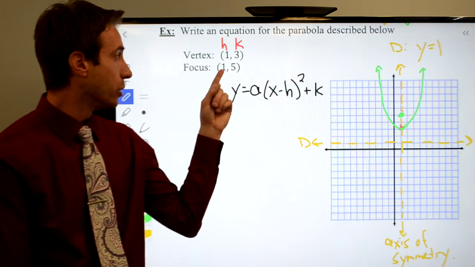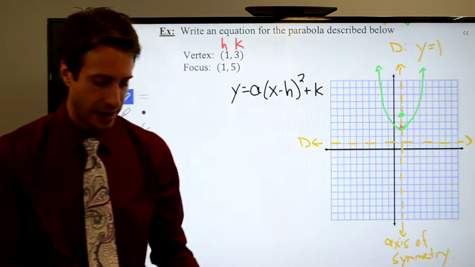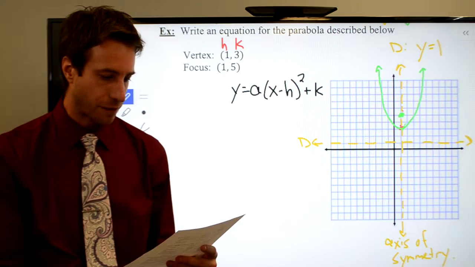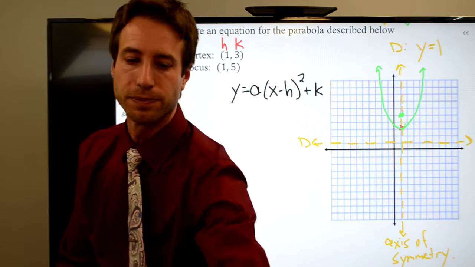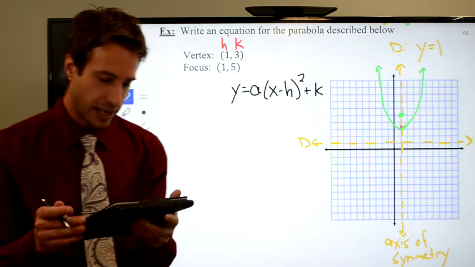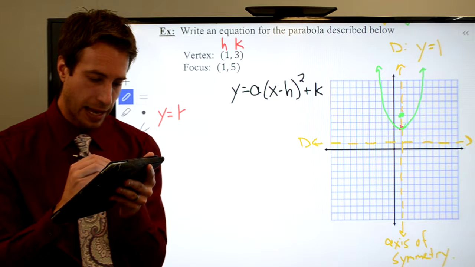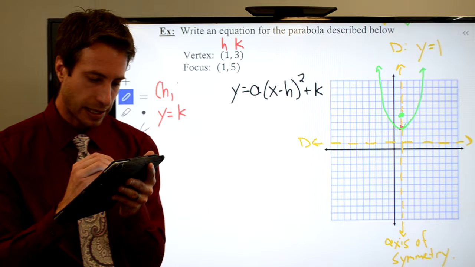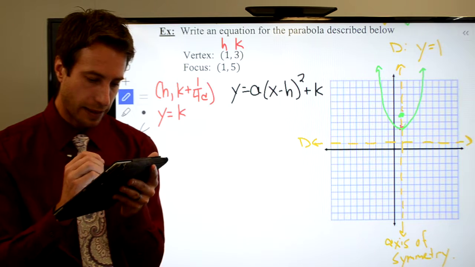However, you have been given the focus. So again, I go to my formula sheet, that formula sheet that I have given you along with your notes. I take a look at vertically, the focus, and here's what I know. According to my formula sheet, the focus is at (h, k plus 1 over 4a).